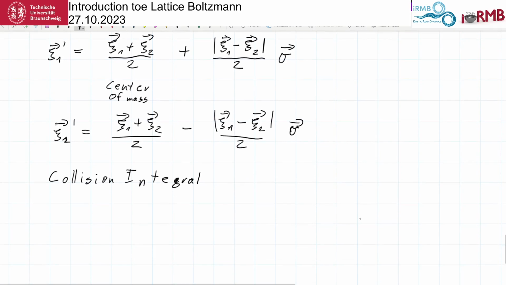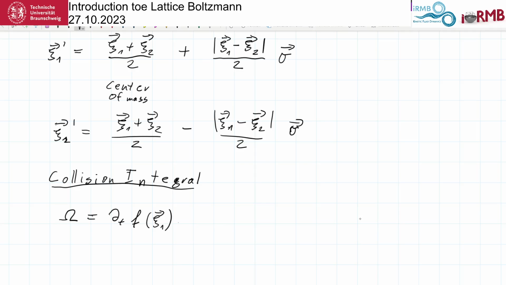So the collision integral, we call this thing omega. What is omega? Omega is the change of the velocity state in time of particle 1 due to collision. I mean, there's also a change due to the long-range forces, and a change due to advection, but this is the change due to collision.